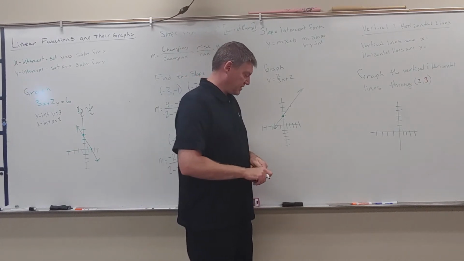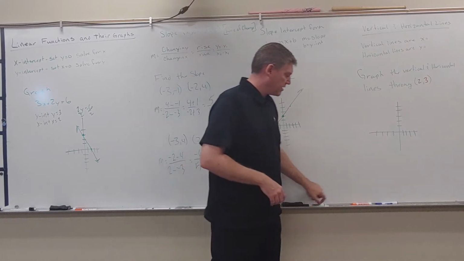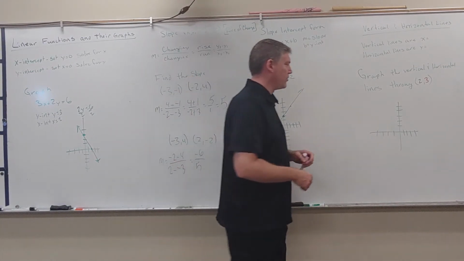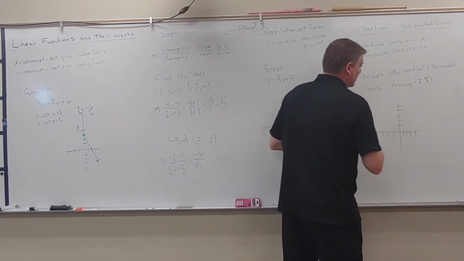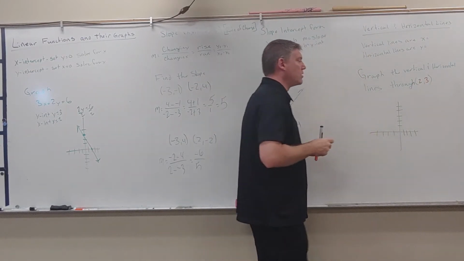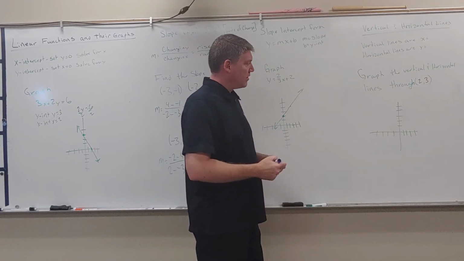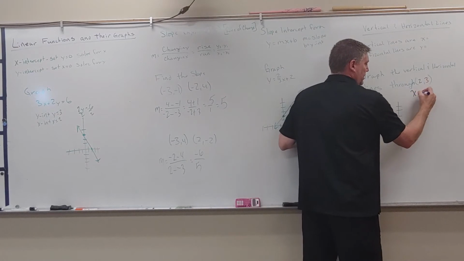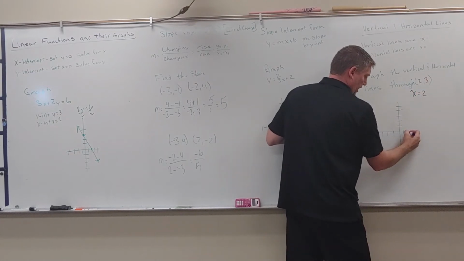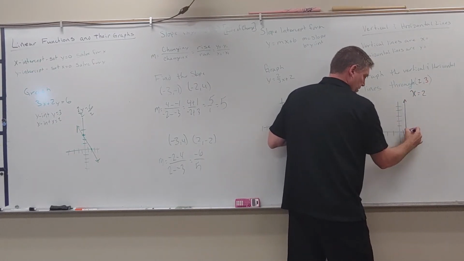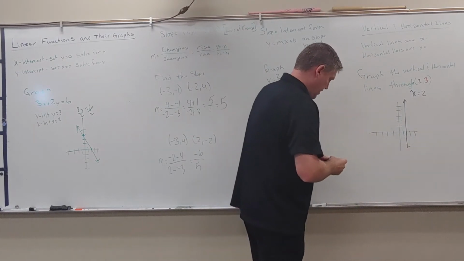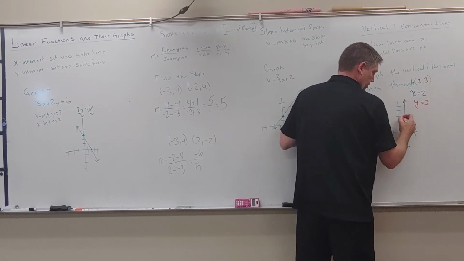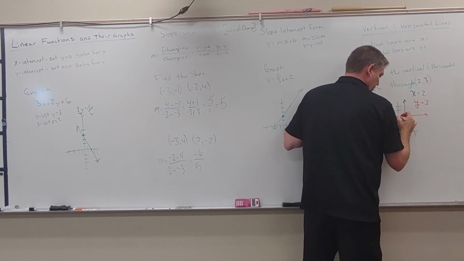Now we're going to look at a graph having vertical and horizontal lines that go through 2, 3. The vertical is x equals 2. So at 2, I have a vertical line right there. And my horizontal line is going to be y equals 3. So I go up to 3 and I go over.